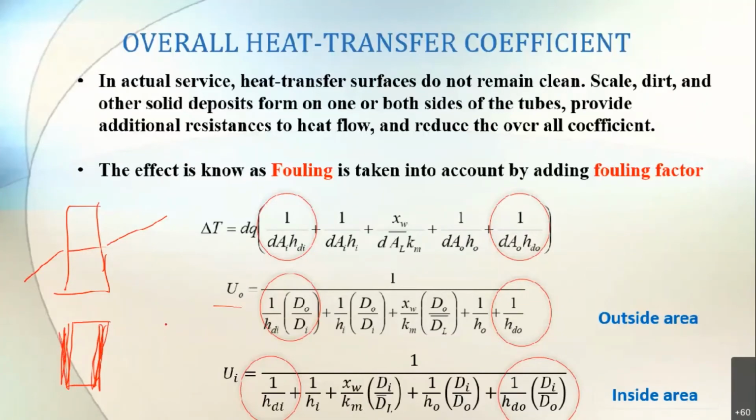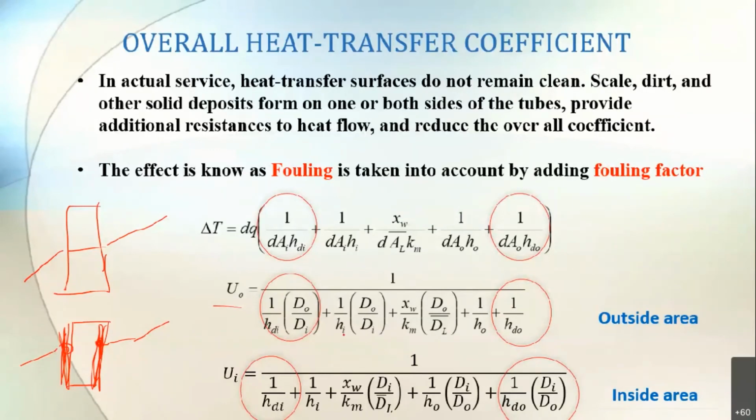So convection, then there will be some resistance here and some resistance here, and only then do you have your heat transfer. In order to take this into account, we are adding another heat transfer coefficient known as hd. So hd is for your fouling.